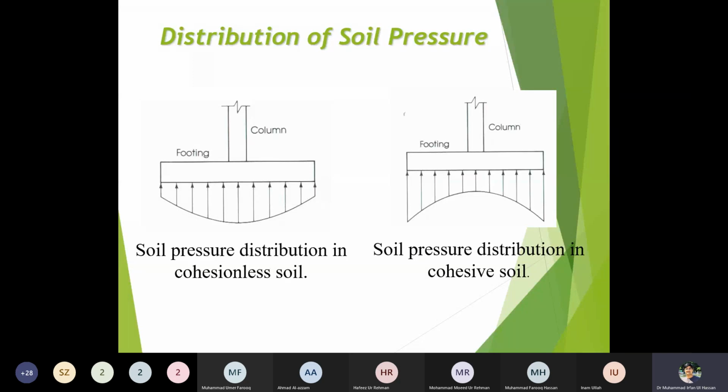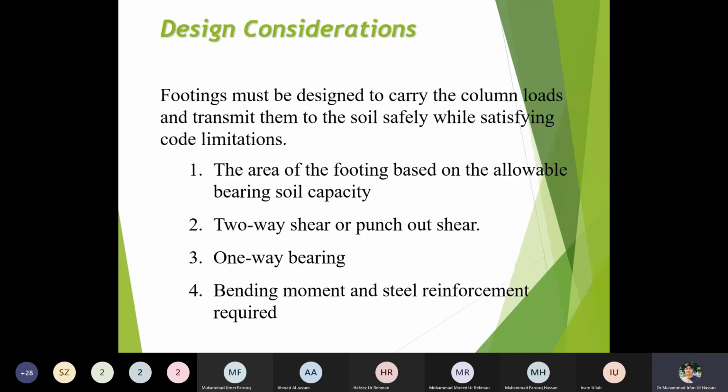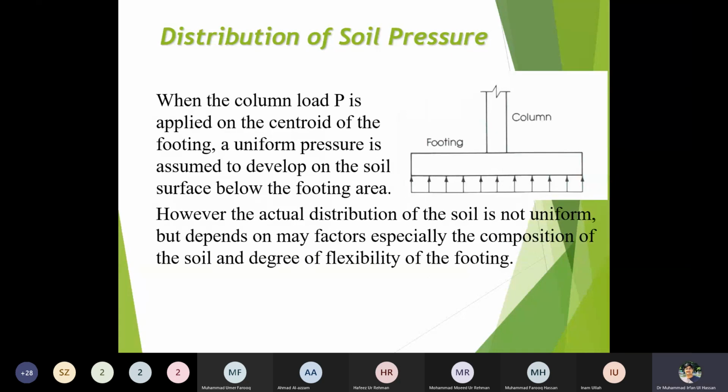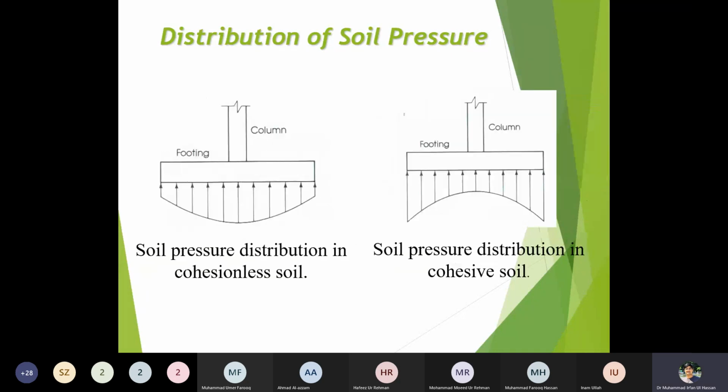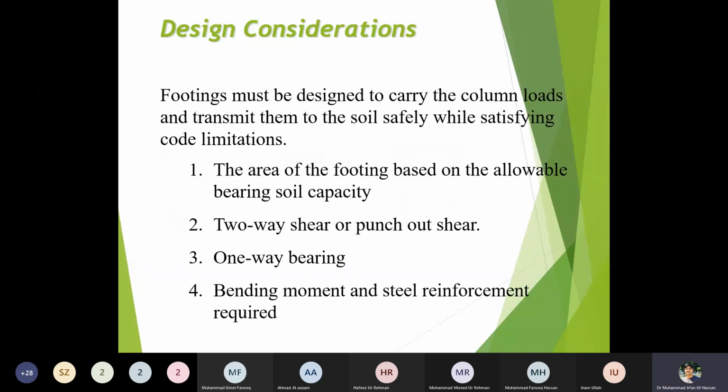So it's very interesting, but we assume it as uniform. Actually, for the clay soil on the right-hand side, it takes more load at the edges and less in the center.